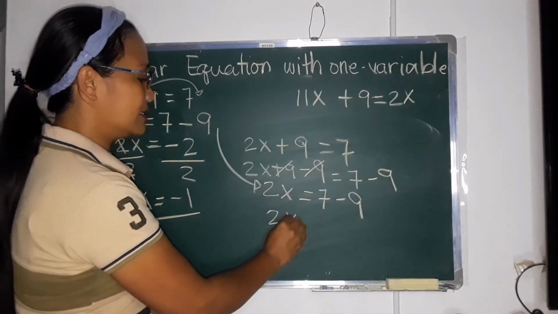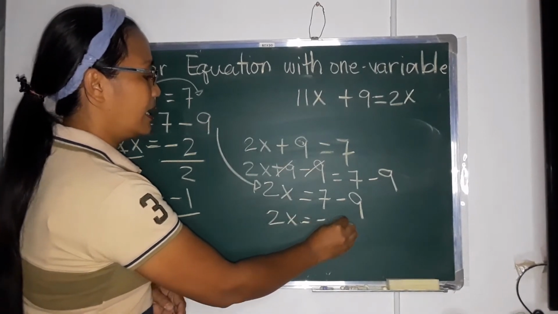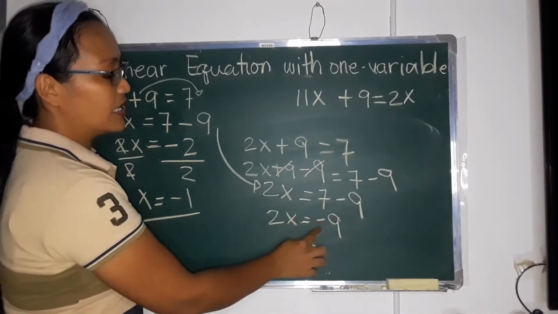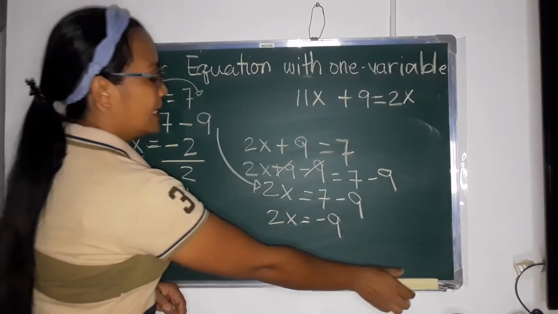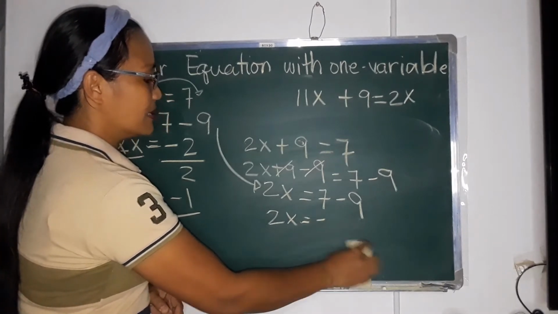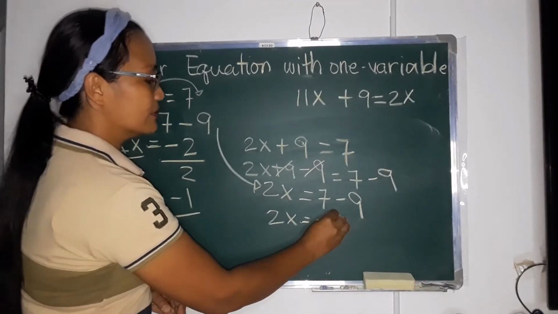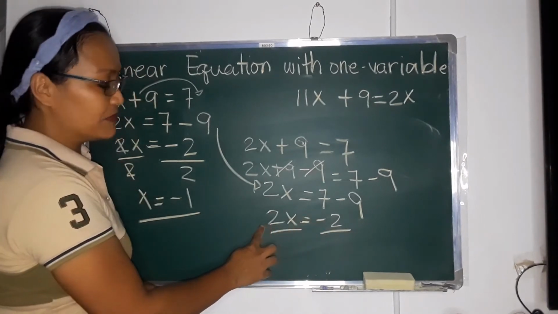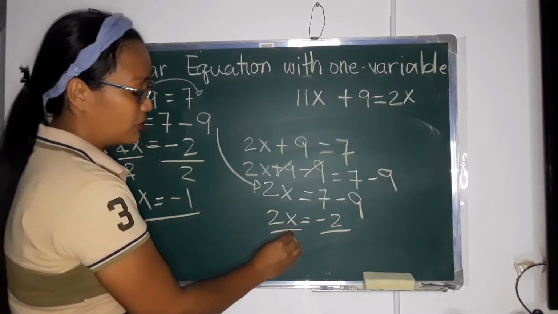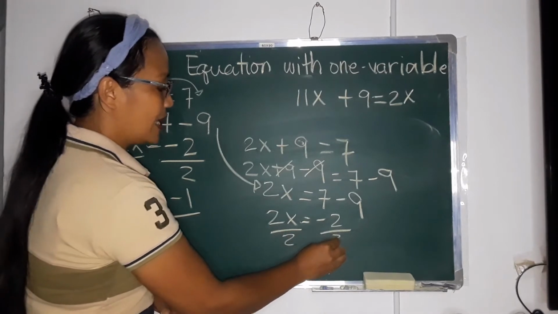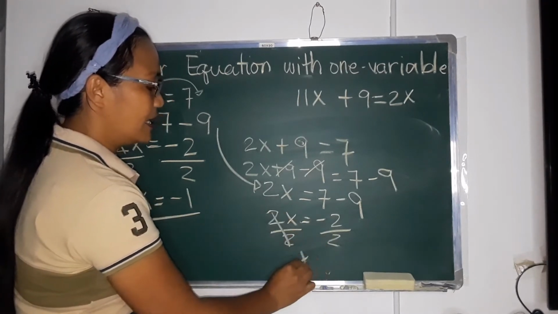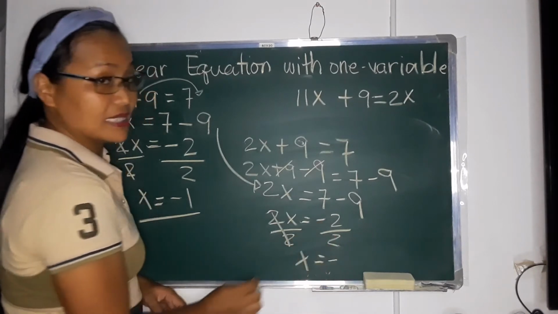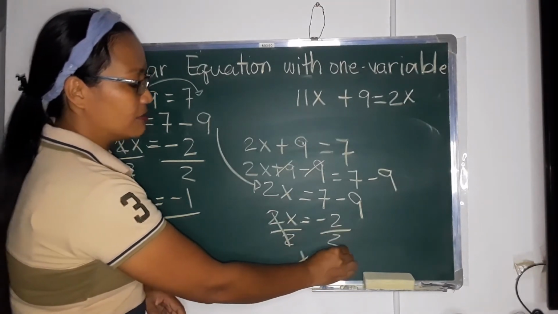So 2x is equal to negative 9, the same rules. Unlike sign, copy the sign of the greater value and subtract. Okay, sorry. So this must be 9 minus 7 is 2. Divide both sides by the number beside x or any variable. So 2 and 2, therefore x is equal to negative divided by positive is negative. 2 divided by 2 is equal to 1.